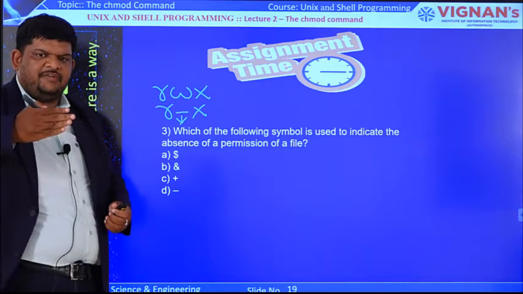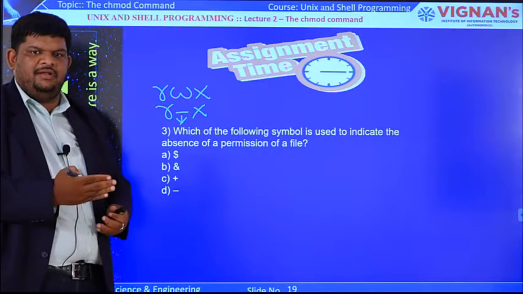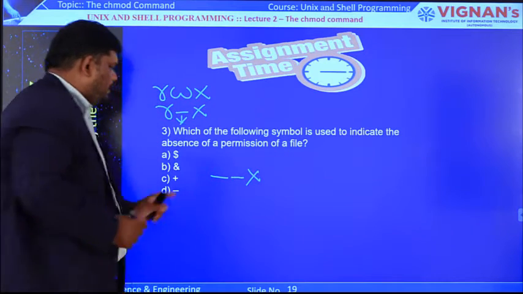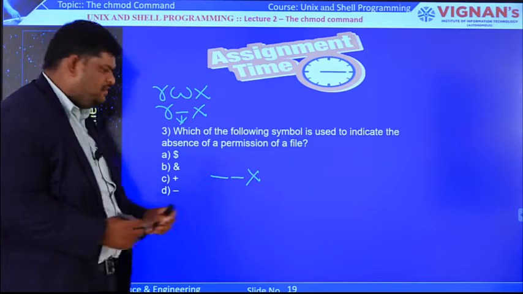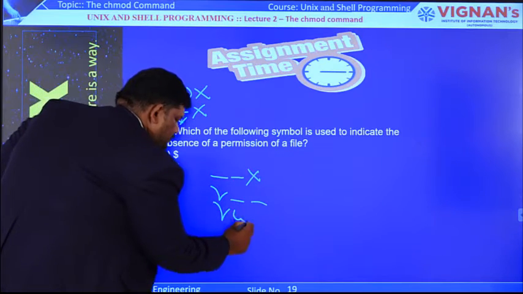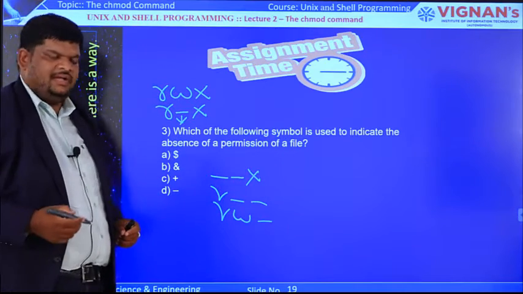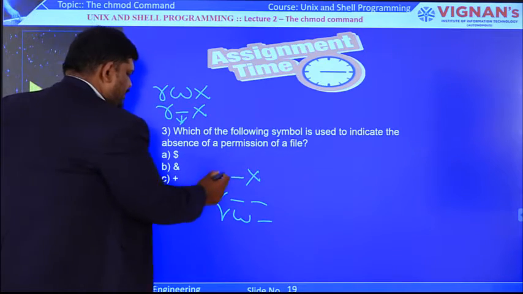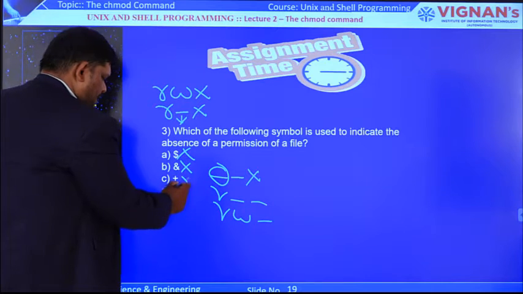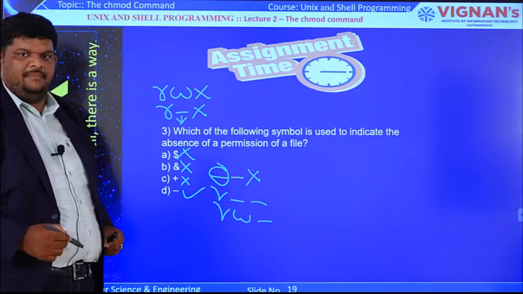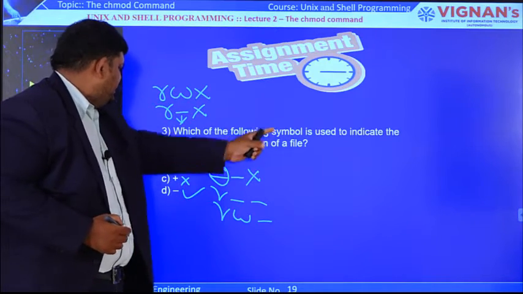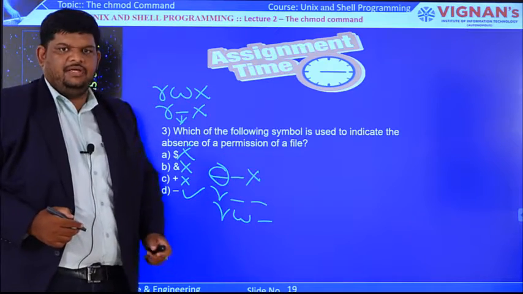That means in absence of that permission, we use the hyphen symbol. This meaning is no read, no write, only execute; or only read permission; or read, write, no execute. Like that, in absence of permission, we use the hyphen symbol. So no dollar, no ampersand, no plus. The answer is the hyphen symbol. With the help of the hyphen symbol, we indicate the absence of a permission of a file.